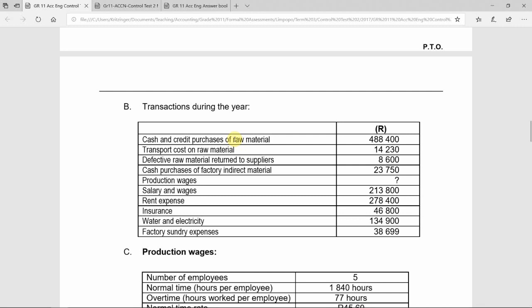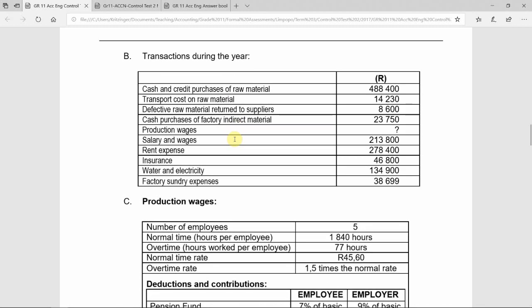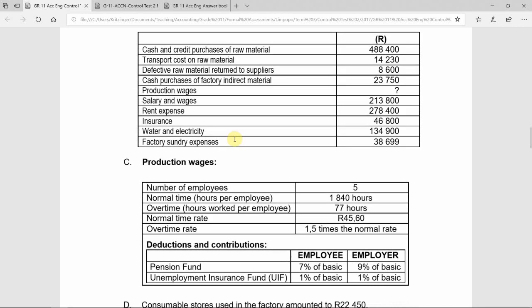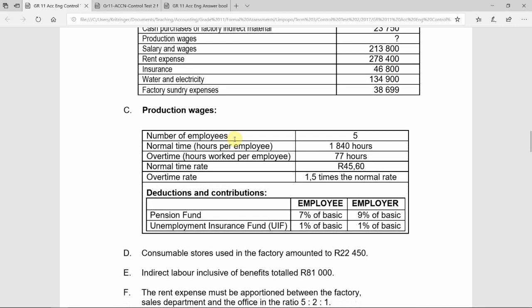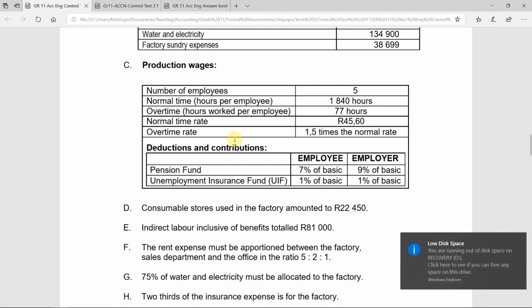It doesn't indicate what is production, what is office, what is sales and distribution, so that doesn't help much for now. Okay, the other items are not related to wages. Aha, here we get to point C, production wages, which is what we are interested in. That relates to the workers that directly work with the product, or to produce the product.